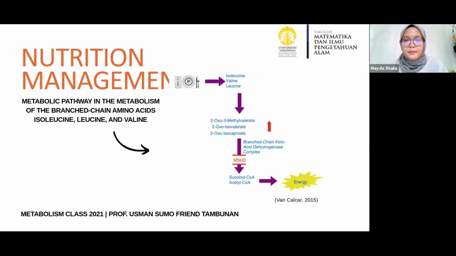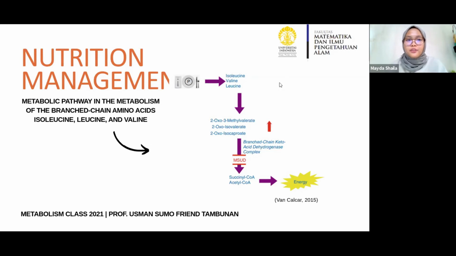From this metabolic pathway, leucine and its corresponding keto acid, 2-oxoisocaproic acid, are the primary toxic compounds in this disorder.